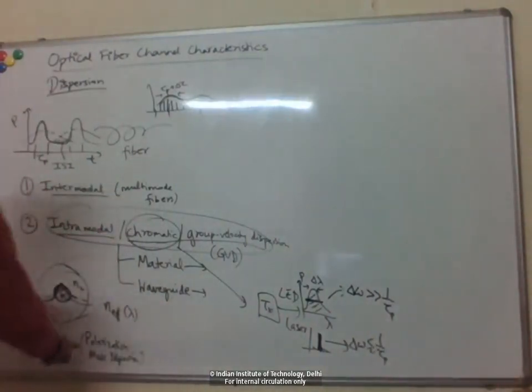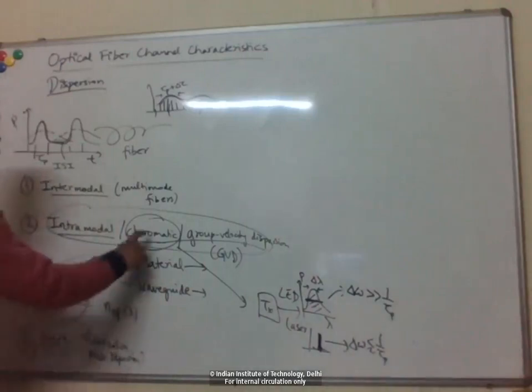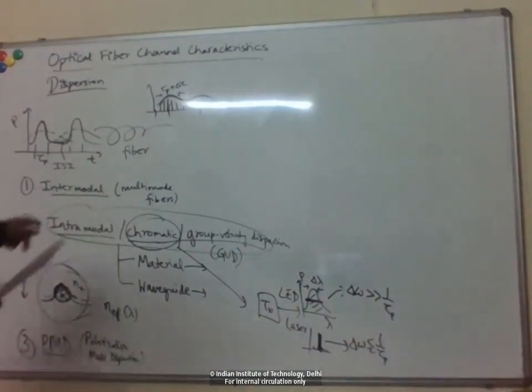And typically the polarization mode dispersion is much smaller than the group velocity dispersion. But yeah, we'll quickly discuss each of these.